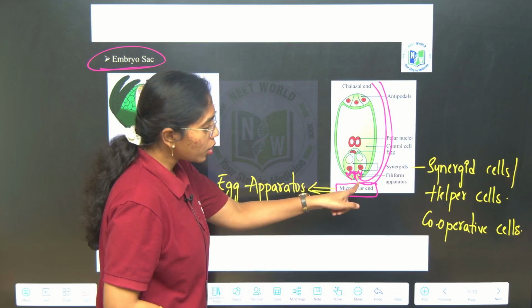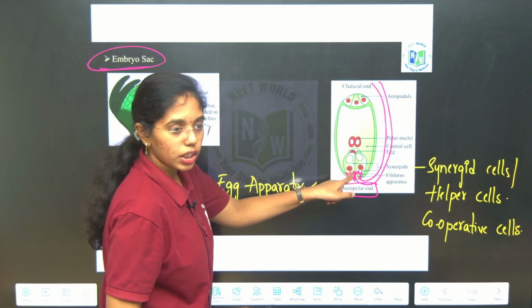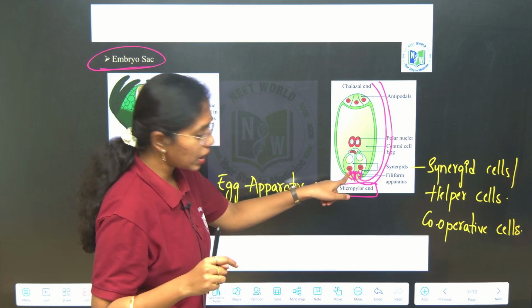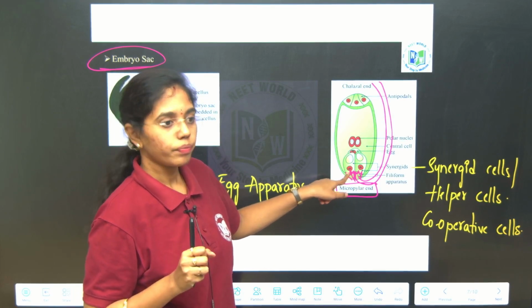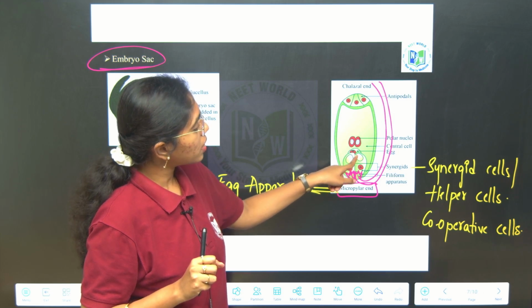The pollen tube will enter through one of the synergids, not both, and the filiform apparatus will be ruptured there.